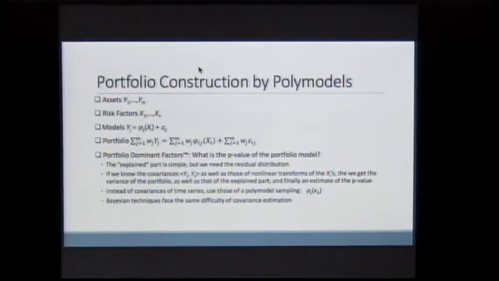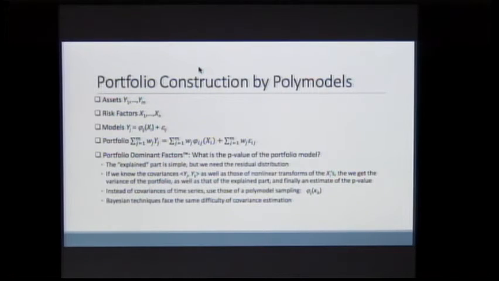The last thing which is interesting is how do you build a portfolio. So that's my last point here. Getting the polymodel for a portfolio is quite easy because you just combine the polymodels. So every single model with respect to each factor, you make a combination and get the model. The only question here is the relevance.